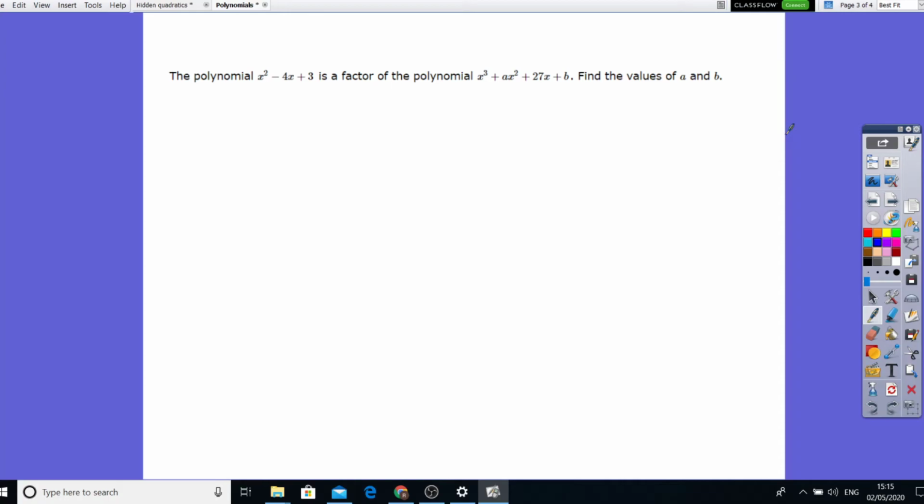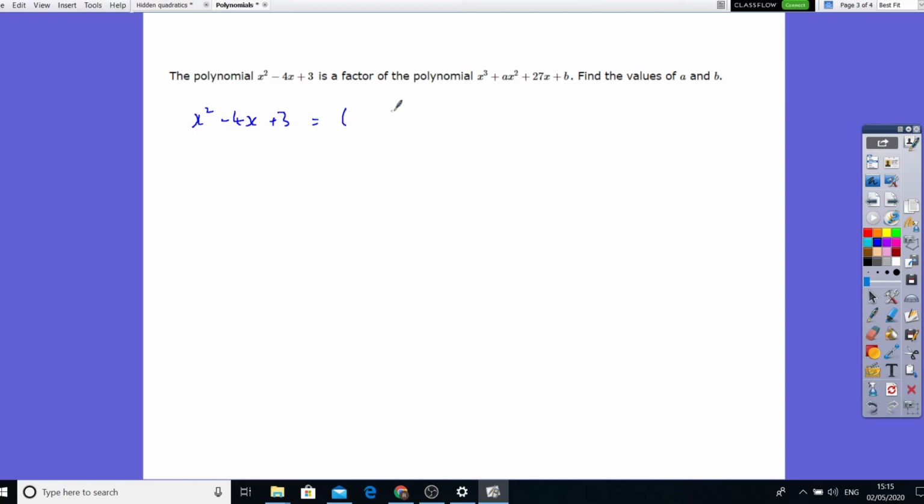Okay, right, so let's just do this quickly. How can we do this? I'm trying to find the easiest way to do this. Let's just realize one thing. x squared minus 4x plus 3 can be factorized.